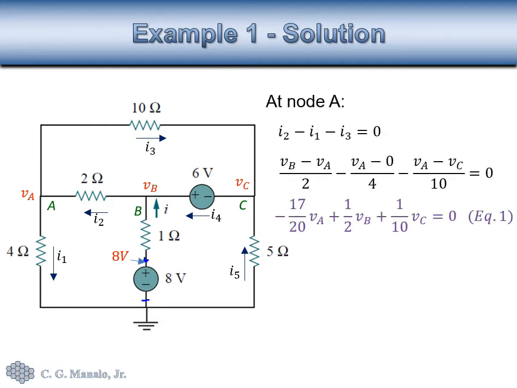So for node A, current entering minus current leaving must be equal to 0. So current entering this node is I sub 2 minus current leaving, I sub 1 and I sub 3. So here is also I sub 3 there.